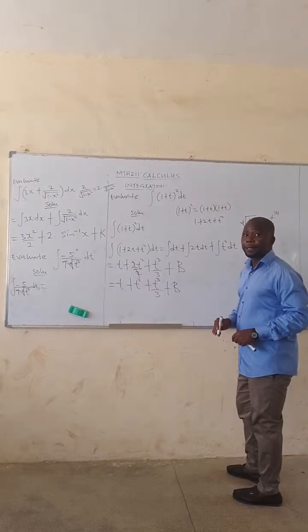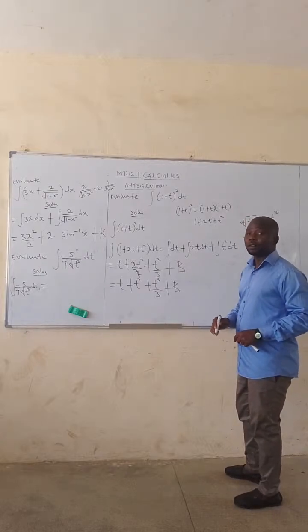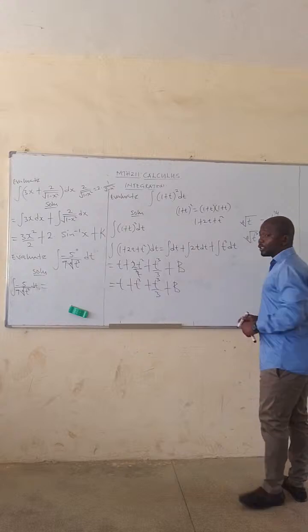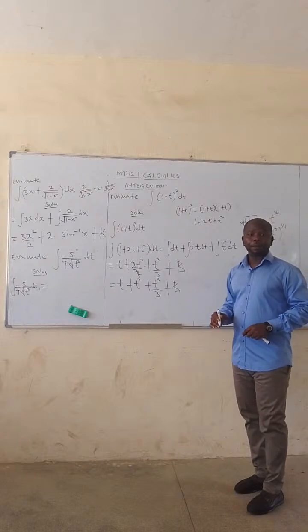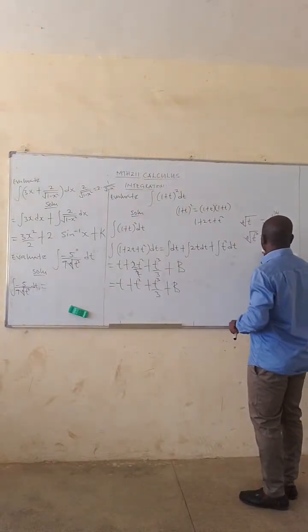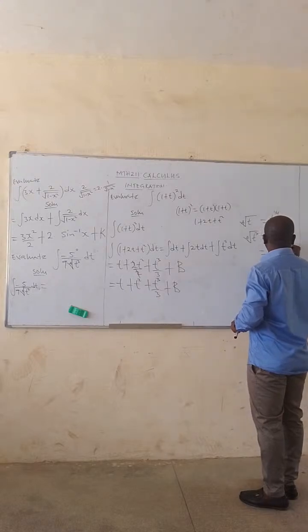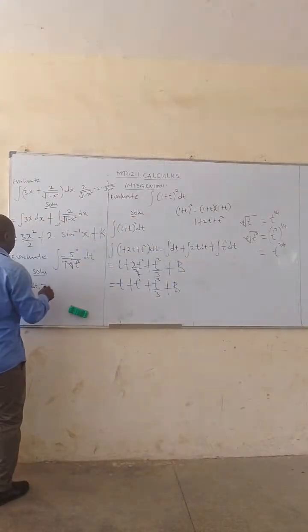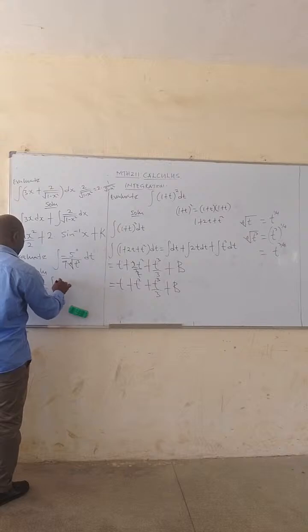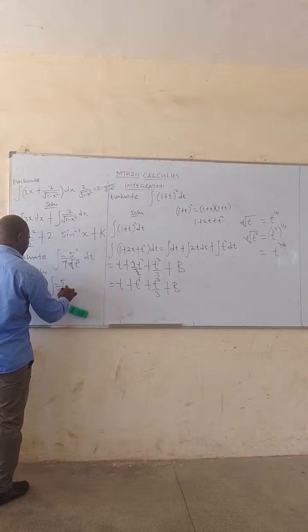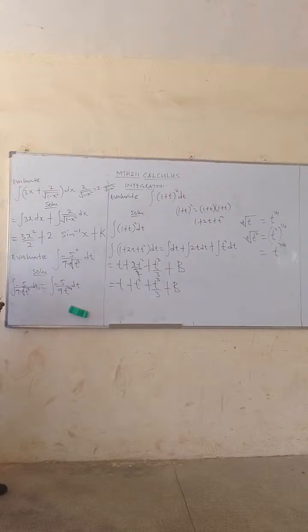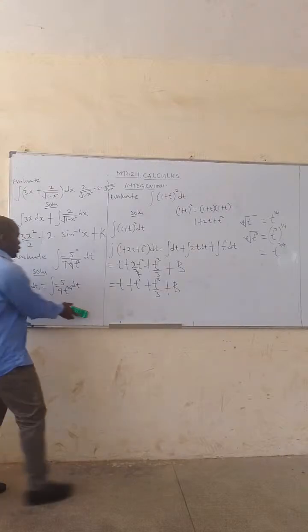It is 3 raised to the power 3 all over 4. So if you agree with me, the integral will now be minus 5 all over 9 times t raised to the power of 3 all over 4 dt, right? True or false? So far, so good.